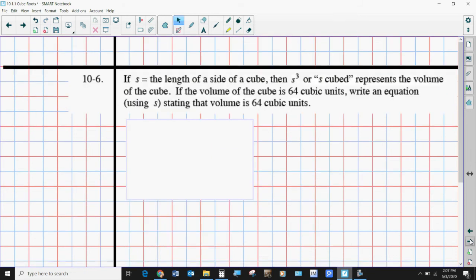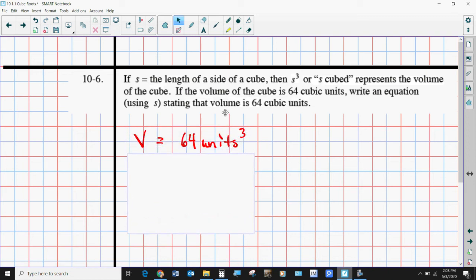All right, so if s equals the length of a side of a cube, then s to the third power, or s cubed, represents the volume of the cube. If the volume of a cube is 64 cubic units, write an equation using s stating the volume.